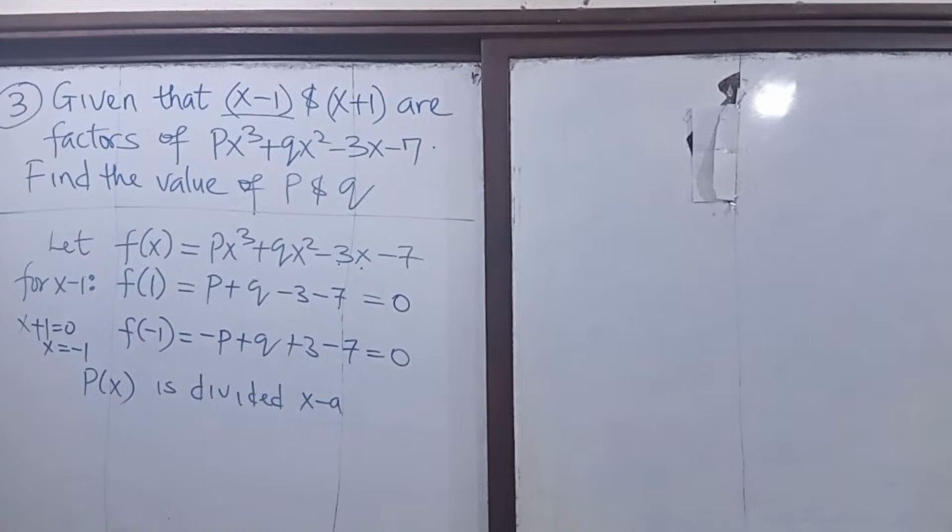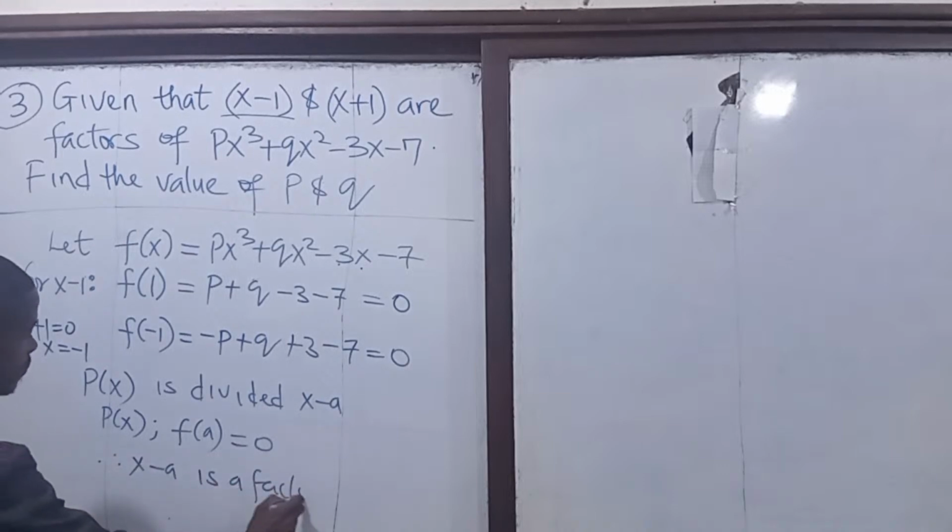Will be 0. Or let's say p of x is a polynomial, then f of a will be equal to 0. That is, x minus a is a factor.